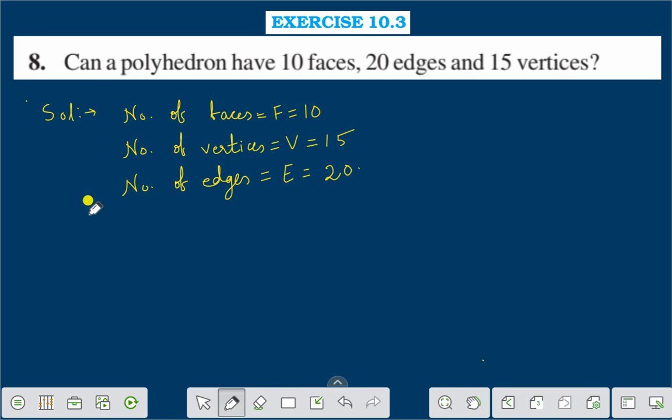According to Euler's formula, F plus V minus E is equal to 2.